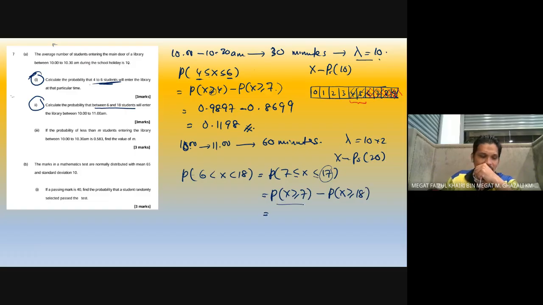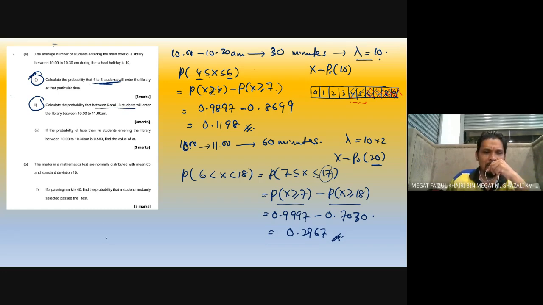Find this in your statistical book with lambda 20 and the value of r is 7 and 18. It gives you 0.9997 minus 0.7030 equal to 0.2967. There you go.